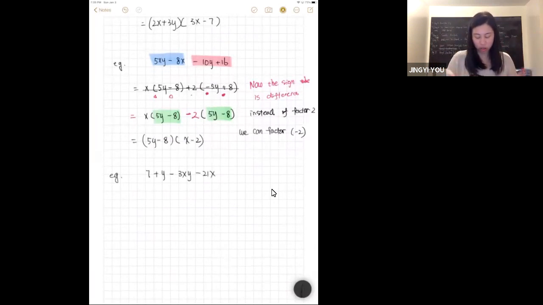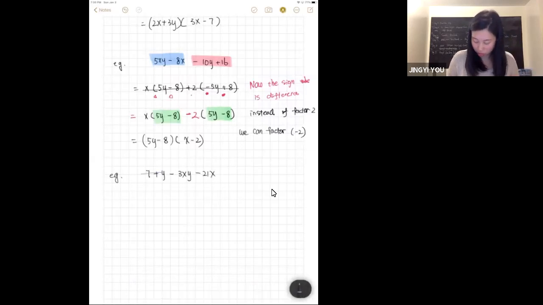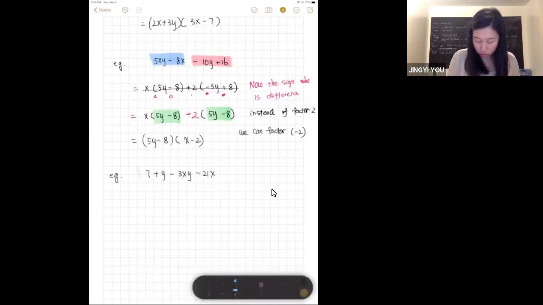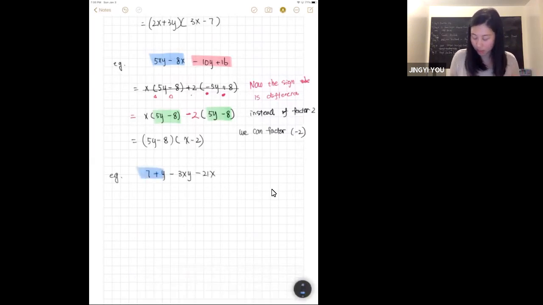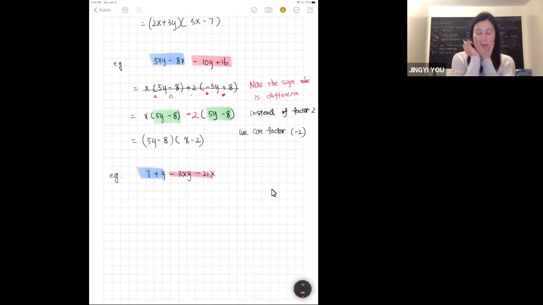So the first two terms are together, and the second group is regrouped too. So 7 and y are prime to each other. They don't have a common factor. And then negative 3xy and negative 21x have x. Because the first part doesn't have a common factor, it doesn't give us much information.